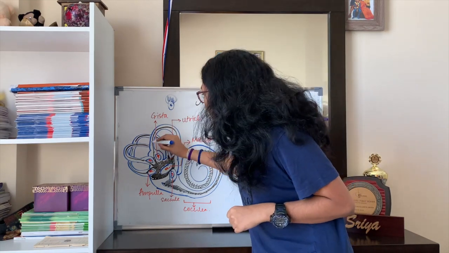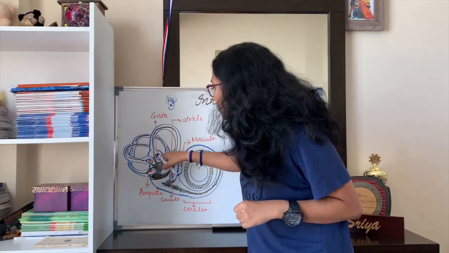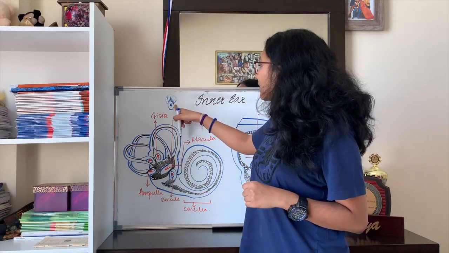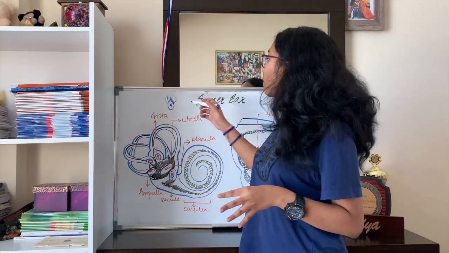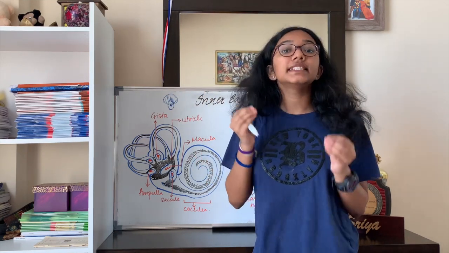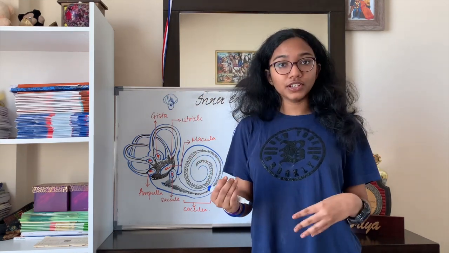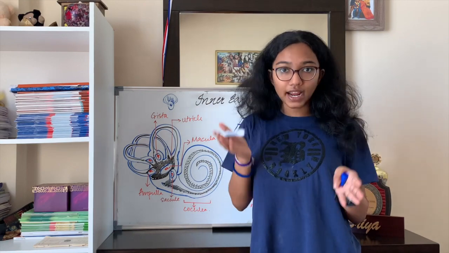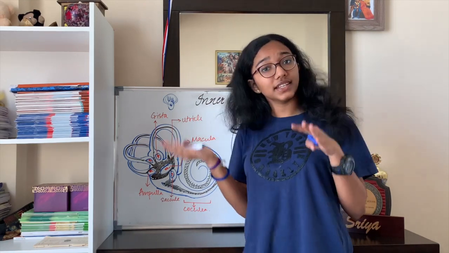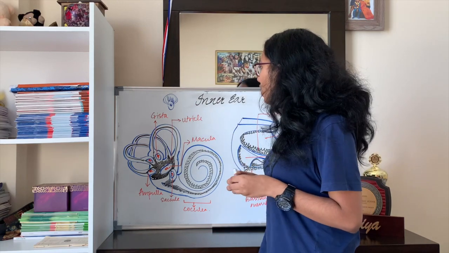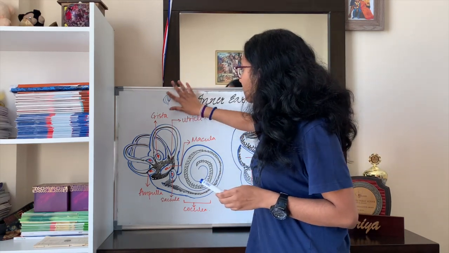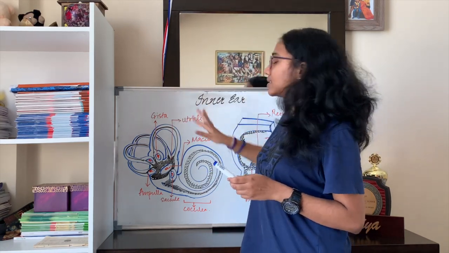This endolymph motion carries on and moves to this ampulla area. And then that endolymph further causes the motion of these sensory stereocilia. Since they're sensory, they sense the motion, and that hence tells our brain that our head is moving towards the right. So that is the basic sensory function of the semicircular canals.